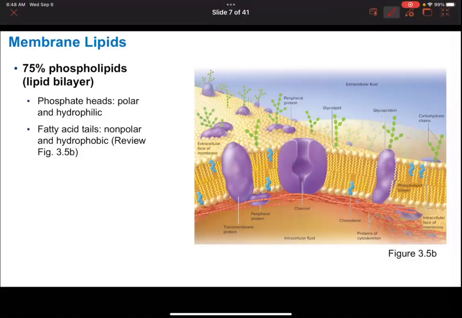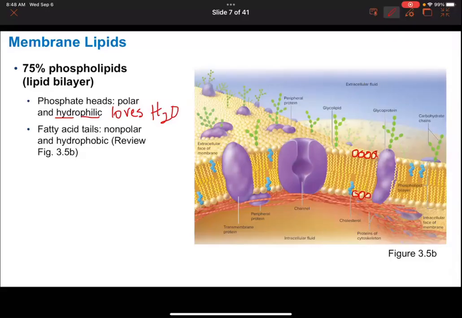Each phospholipid head is polar and hydrophilic, meaning it loves water. If it loves water, it needs to be facing that extracellular and intracellular fluid regions. So on the outside of these bilayers, we have the heads because they're hydrophilic.